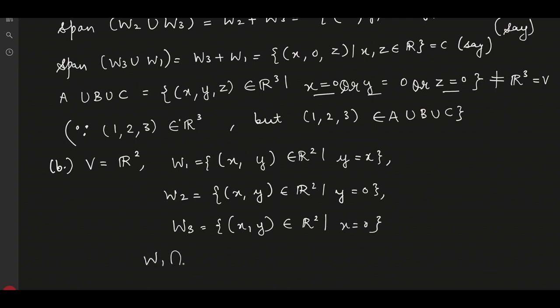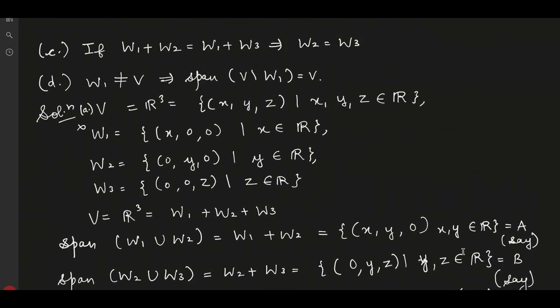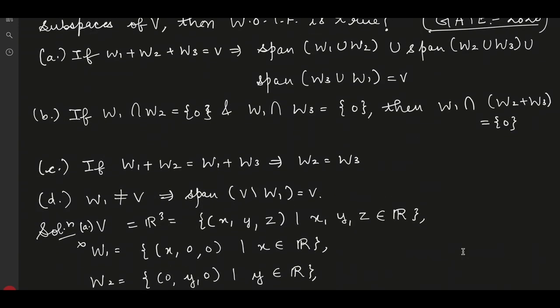W1 intersection W2. What will be W1 intersection W2? It is 0, 0. And this is also 0, 0. And I need to check that W1 intersection (W2 plus W3) should be 0.